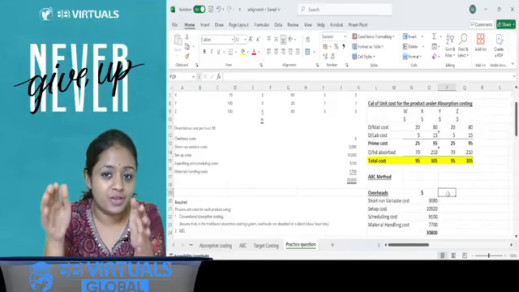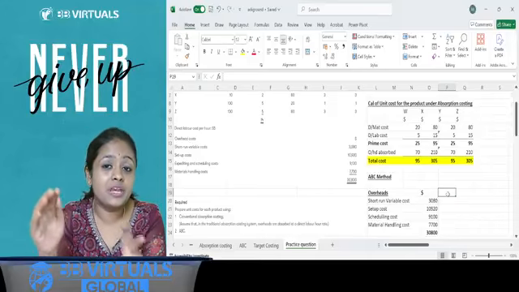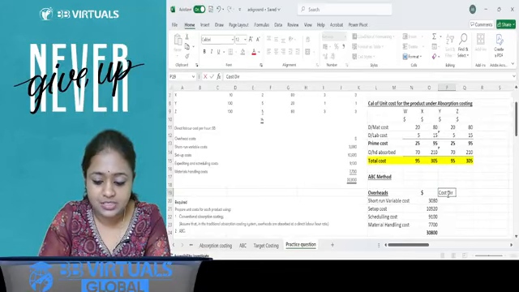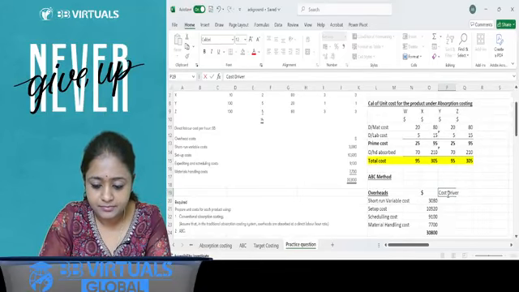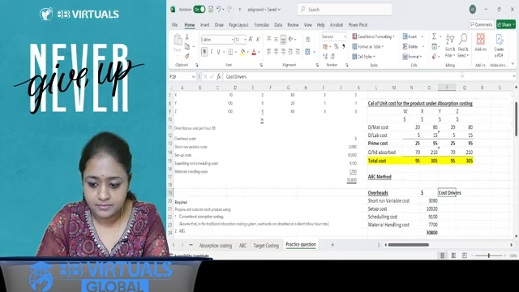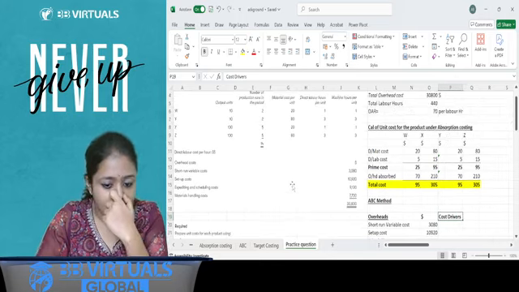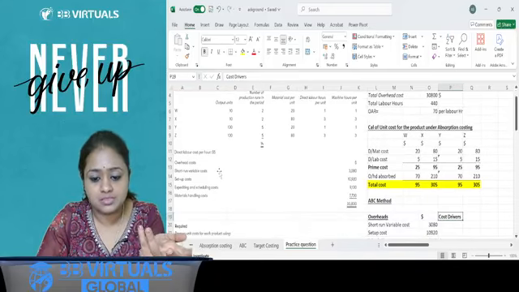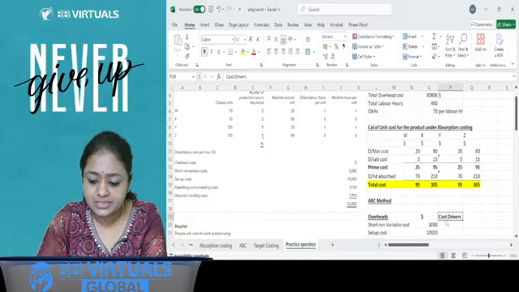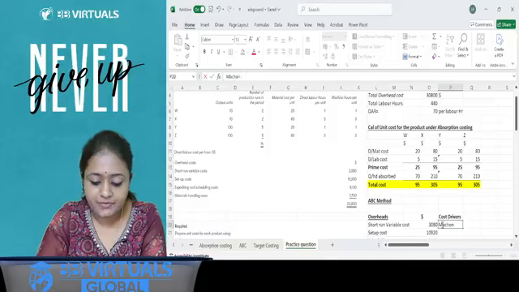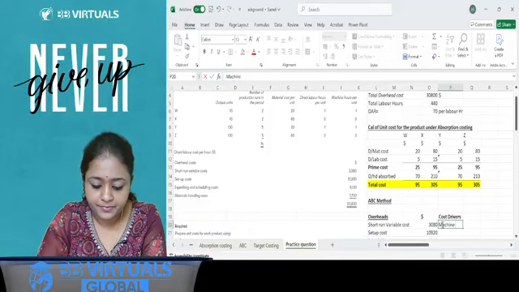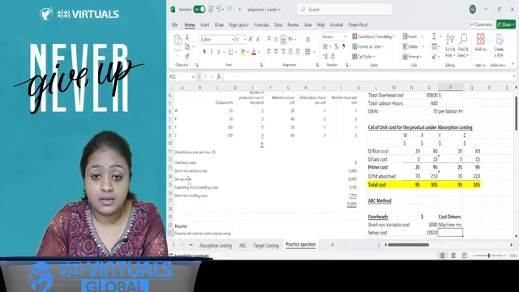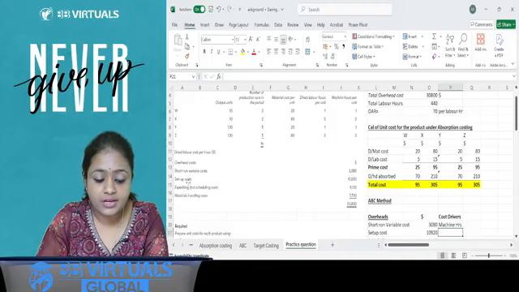Now what is the next step? Once you have the overheads, we have the different activities. Now we need to assign their cost drivers. Let's have the cost drivers in place. What would be the cost driver for a short run variable cost? It would be the machine hours, right? Let's have the machine hours here. What will be the driver for a setup cost?